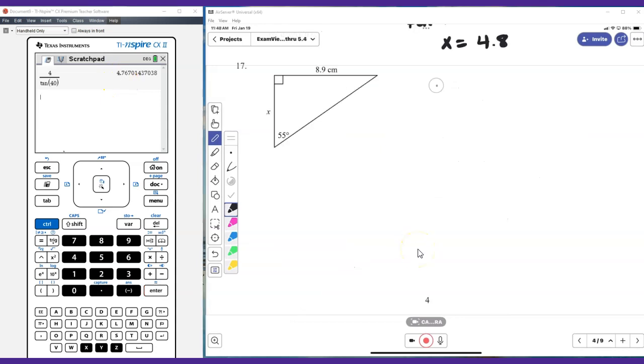17, we have a right triangle, and you have to look at this mnemonic statement. Sine is opposite over hypotenuse, cosine is adjacent over hypotenuse, and tangent is opposite over adjacent. Have you noticed we don't have the hypotenuse measurement? So the only ones we can use are opposite and adjacent.